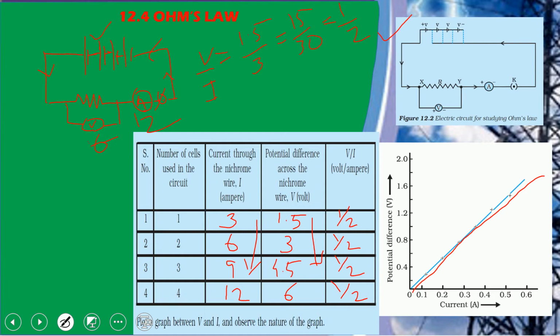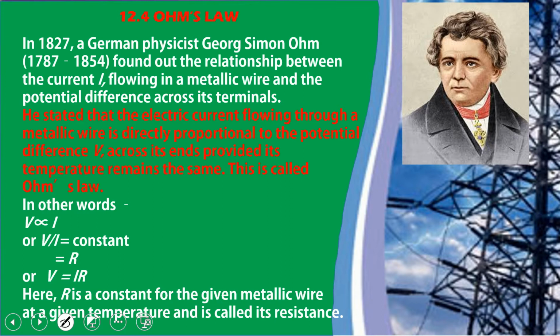So he stated that the current flowing through a metallic wire is directly proportional to the potential difference V across its ends, provided, and this is very important, that its temperature remains the same.